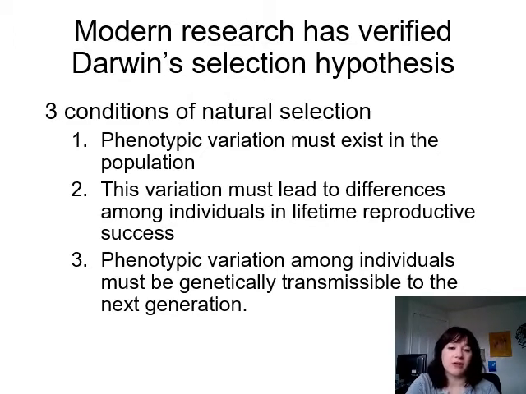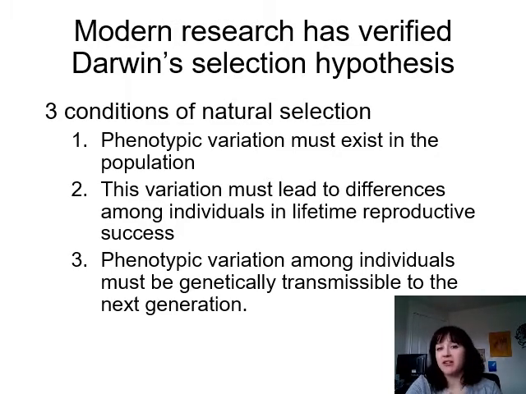So I could come up with a silly example, right? We all have different ability to play the guitar, right? And maybe for some reason in the future, being able to play the guitar well is going to be really critical for attracting a mate. And so over time, that trait is going to be enhanced in humans, right? So that leads us to our third rule or condition. This variability must be genetically transmissible.